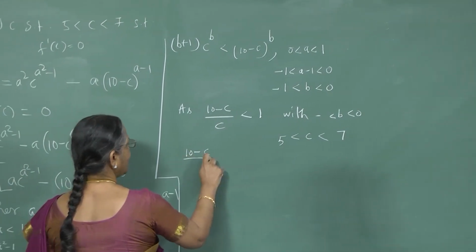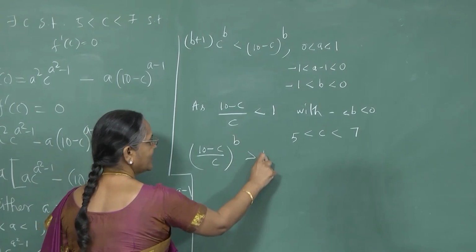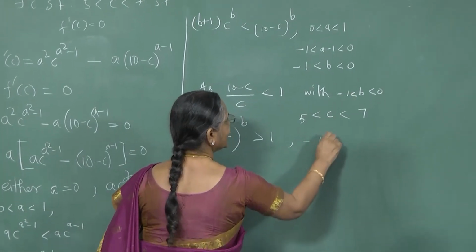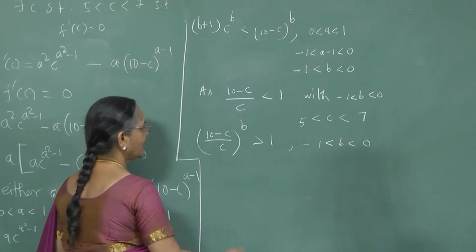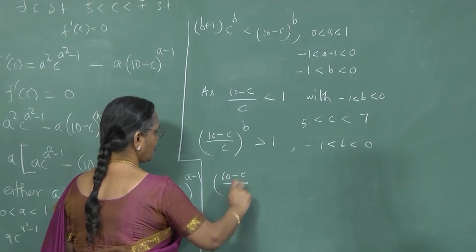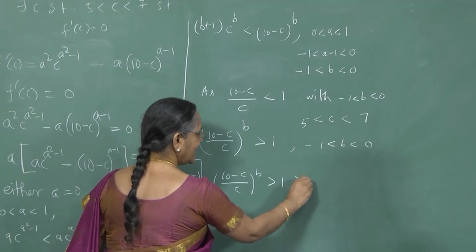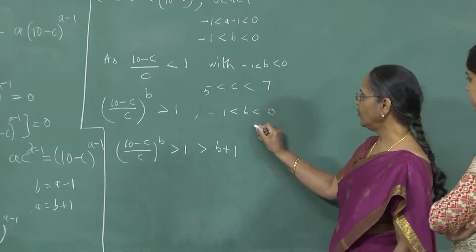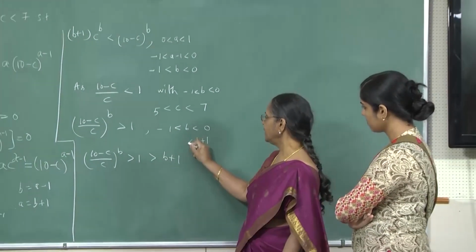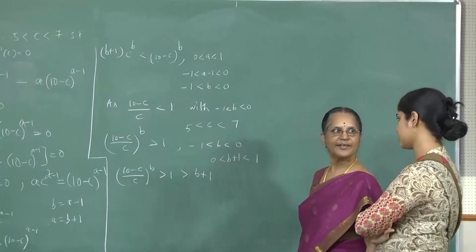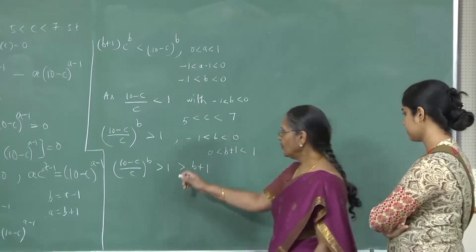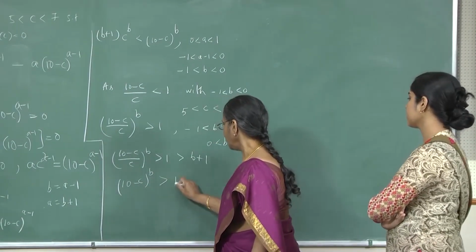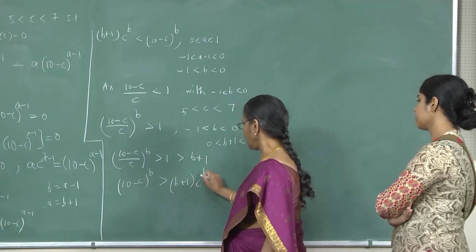So (10 minus c by c) to the power of b is greater than 1, which is greater than b plus 1, because minus 1 is less than b less than 0, so b plus 1 is less than 1. So this tells me 10 minus c to the power of b is greater than b plus 1 into c to the power of b.